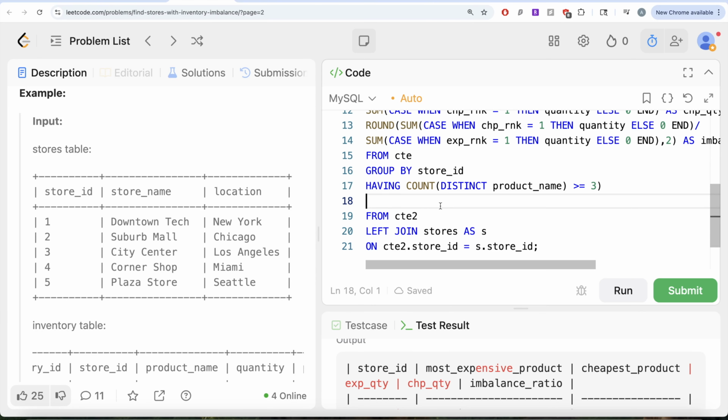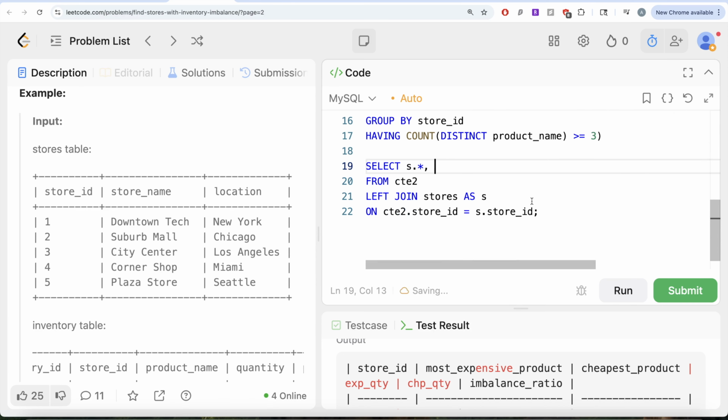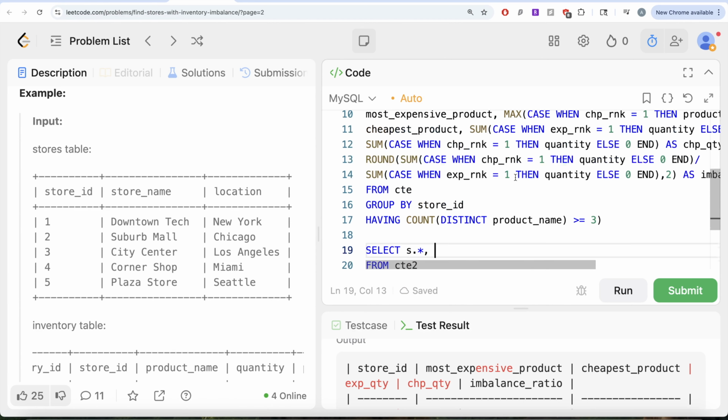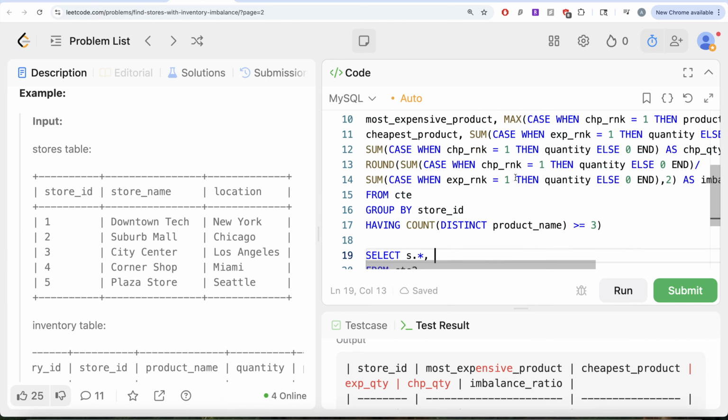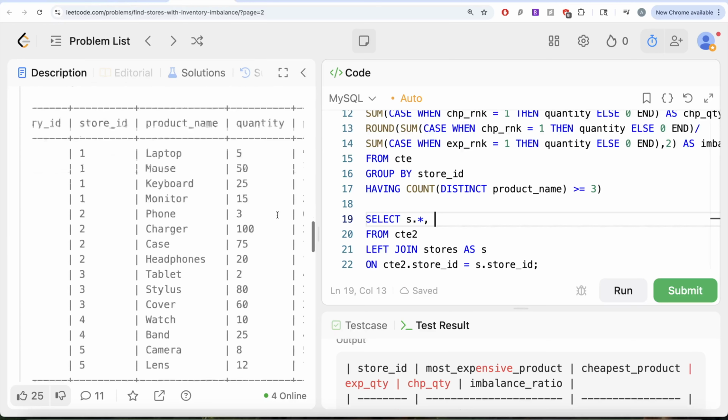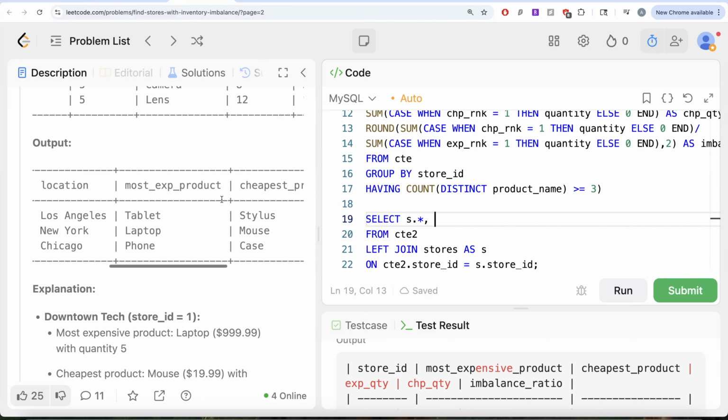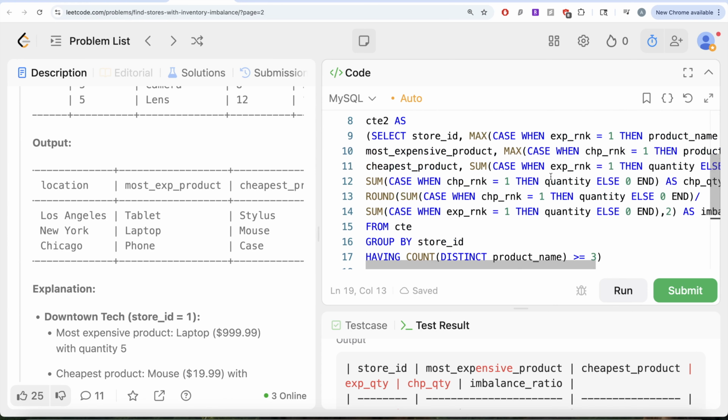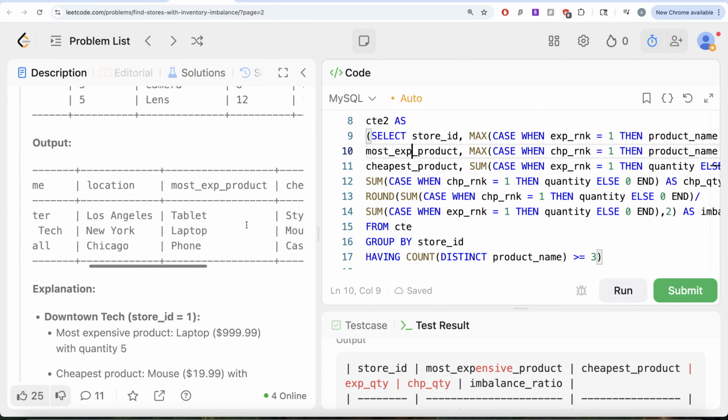Give me all the columns from the stores table, and then from the second common table expression, the cte2 part, what columns do we require? We require the most expensive product. It's written exp, right? So here we can just rename it to most expensive product, and the cheapest product, and the imbalance ratio.